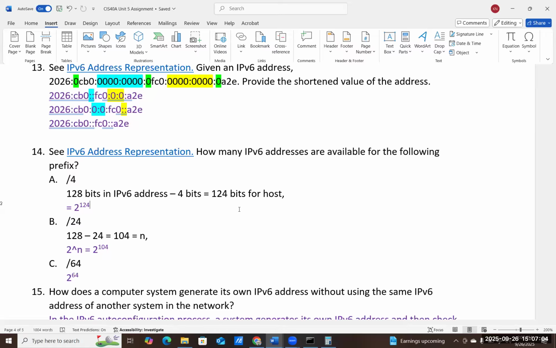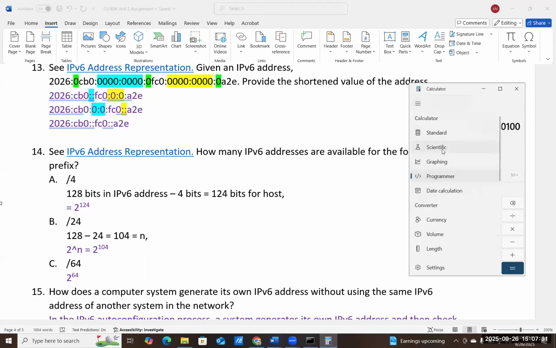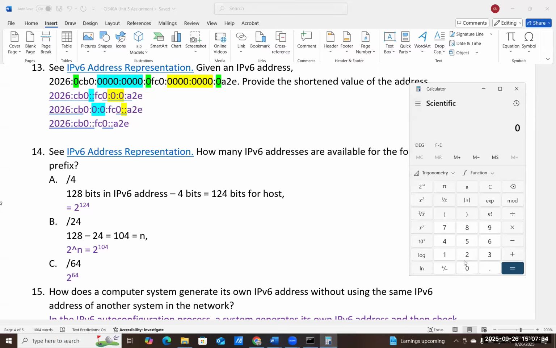The way that we subnet in IPv6 is to use the prefix, and that prefix represents the number of bits that you borrow. So you take 128, subtract that prefix value, you have 124. Then you plug it into the exponent with the base 2, and you can use your calculator in scientific mode to calculate this. So if I take 2 to the power of 124, I would have this many hosts.